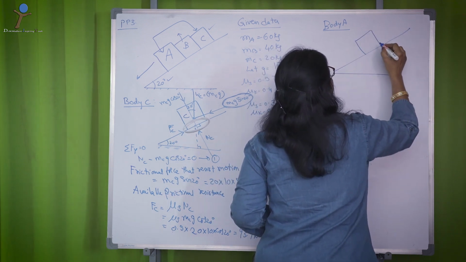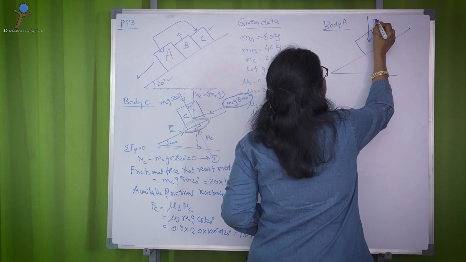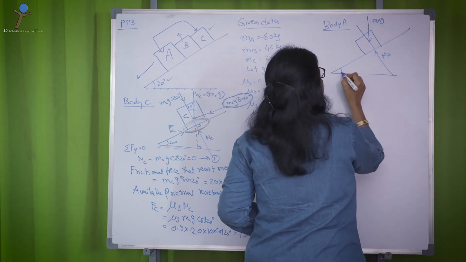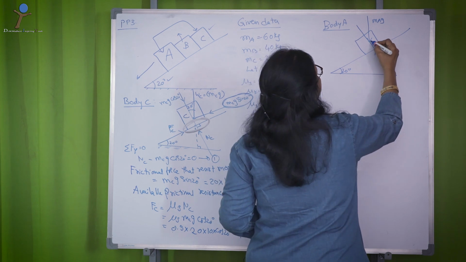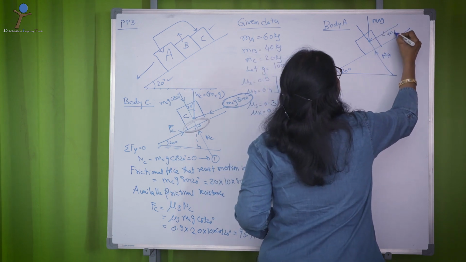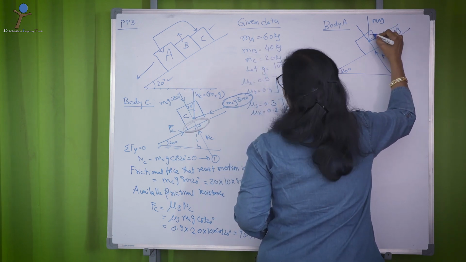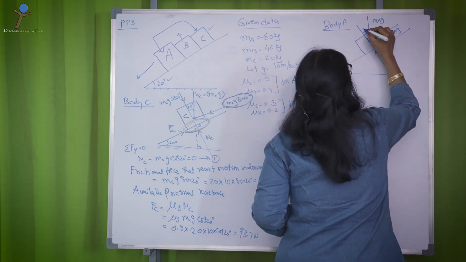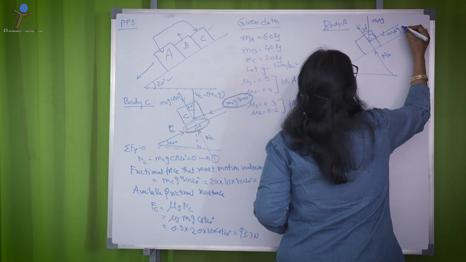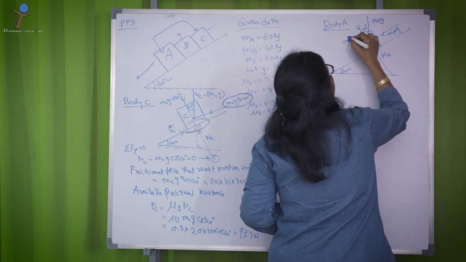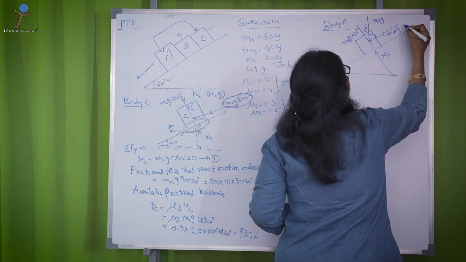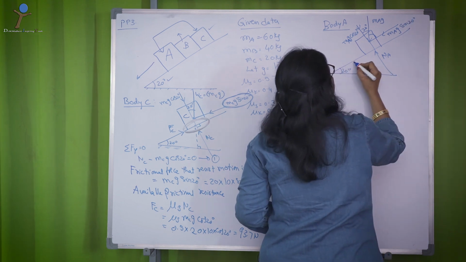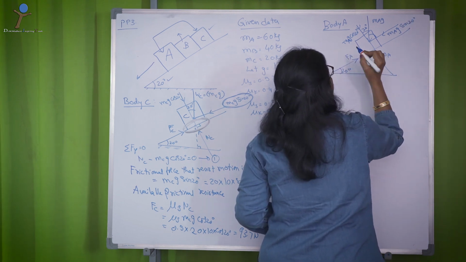Body A, this is MAG, N A, 20 degrees here. So, calculate MAG with this as 20 degrees: MAG cos 20, MAG sin 20, okay, and this is FA.